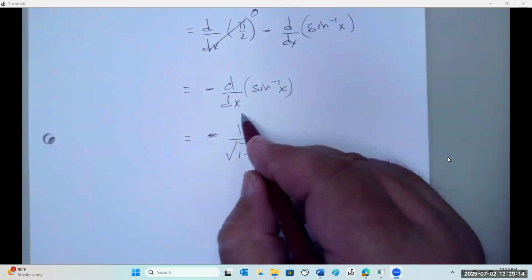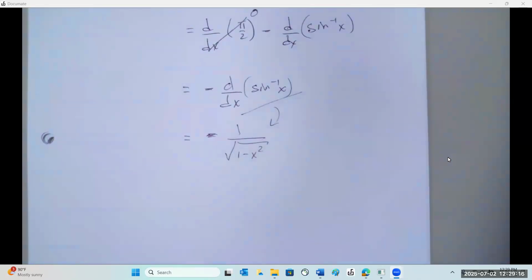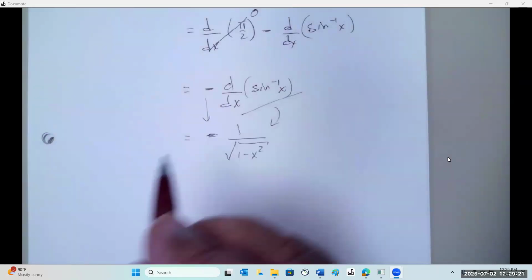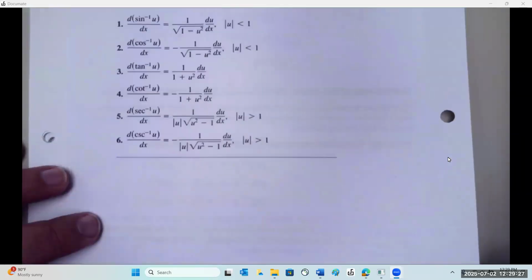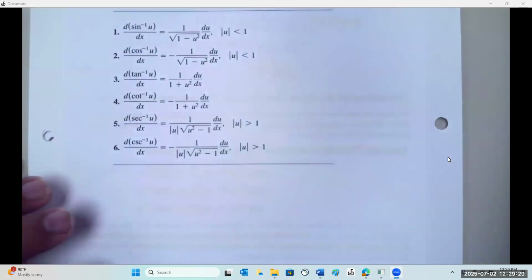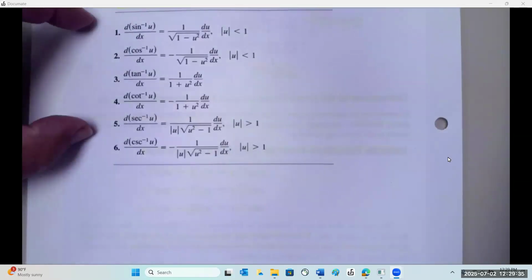So the derivative of arc sine is this. The negative sign just comes there. And you have all of them right here also, because we just went through all of these today.